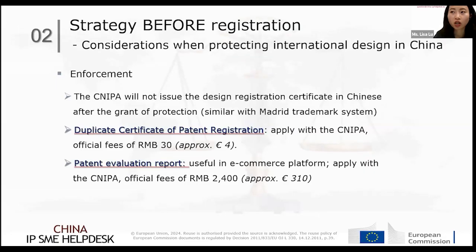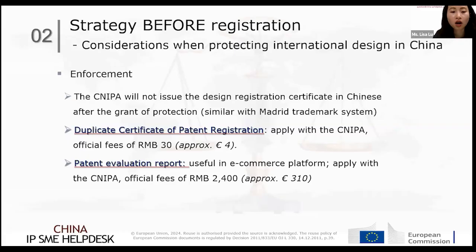You will receive a statement of protection, which is not in Chinese. Why does this matter? Because in China, if you want to enforce your rights, you need to provide proof in Chinese. A lot of authorities, including the courts, the police and the customs, will not recognize the certificate if it's not in Chinese, okay?